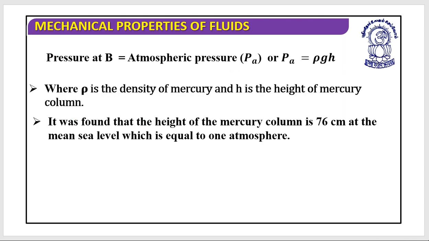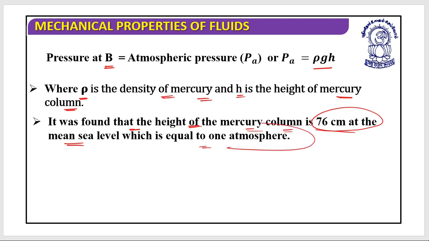So at any point, if I want to find out the pressure, PA equals rho into g into h, where rho is the density of the mercury, and h is the height of the mercury column. It was found that the height of the mercury column is 76 centimeter at mean sea level, which equals 1 atmosphere.